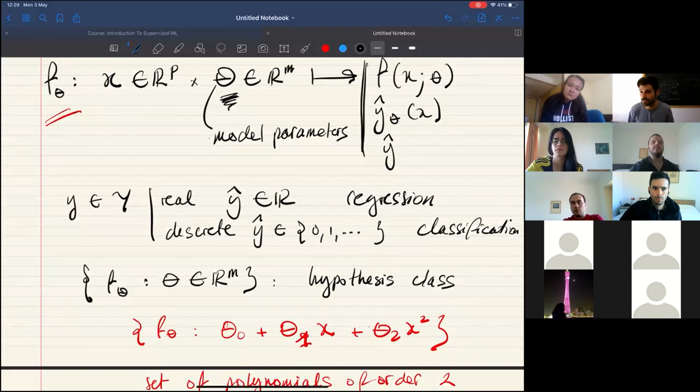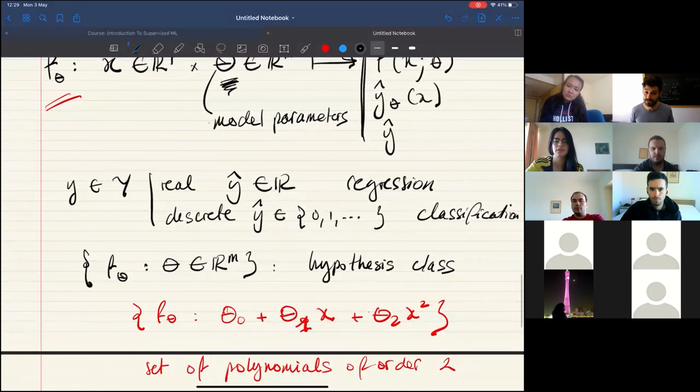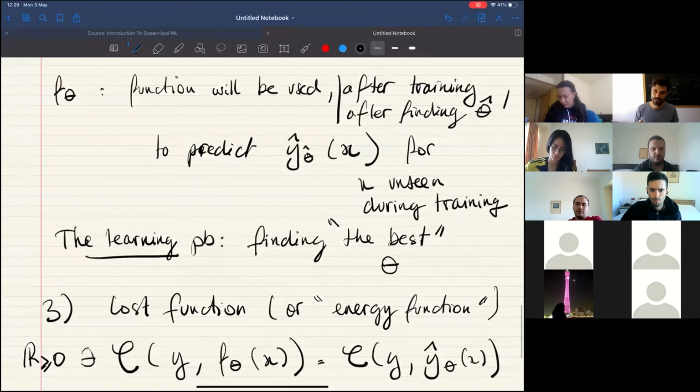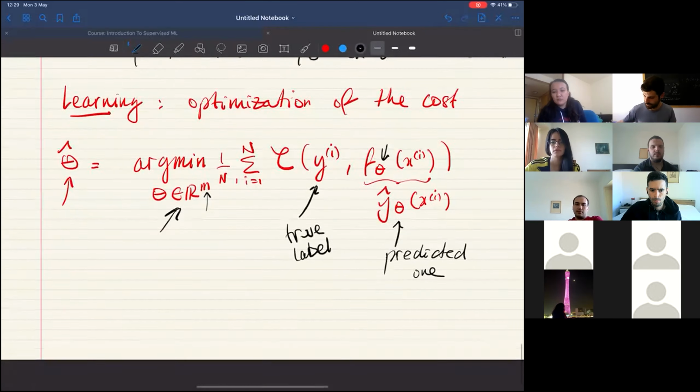I just need to find the best one in this super rich class. But we will see that there is a trade-off. If you don't have enough data, it might not be a very good idea to have a too rich hypothesis class. And this is all the issue behind machine learning: to find a good hypothesis class given the amount and the quality of data that you have access to. We will discuss that at length.